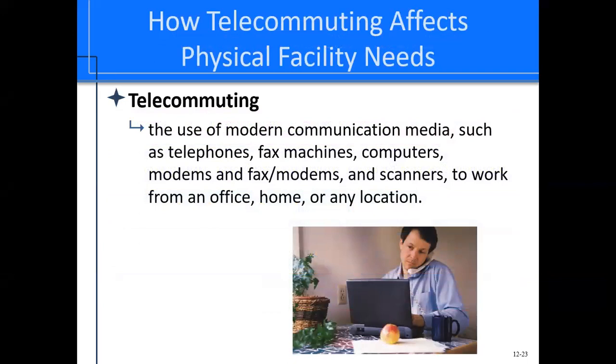And so for the physical facility, telecommunications, like the phone, machine, computer, the internet. Okay, so we want to make sure it has those things. I don't know if you guys have ever been to a friend's house that just has a dead spot for cell phone signal.